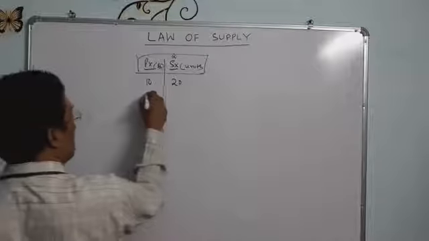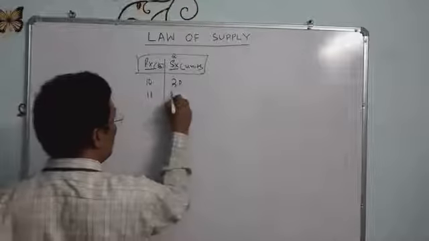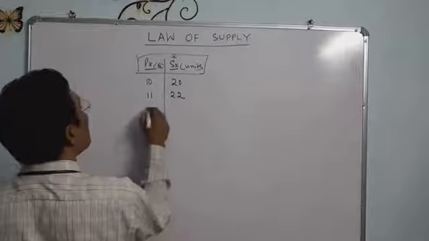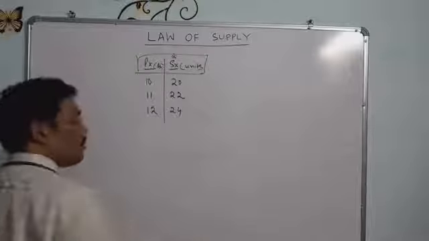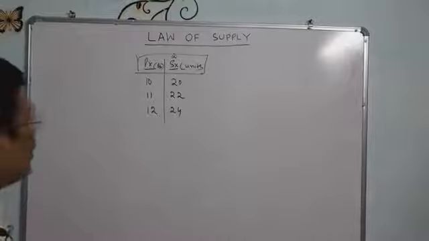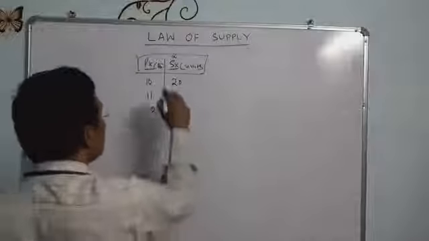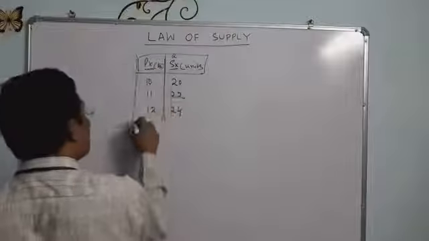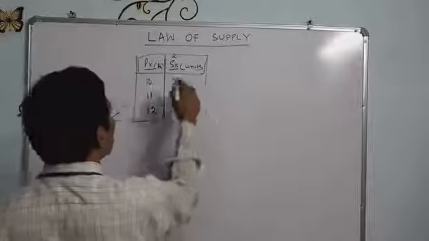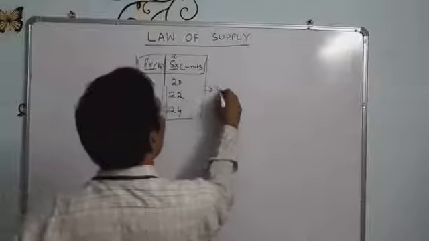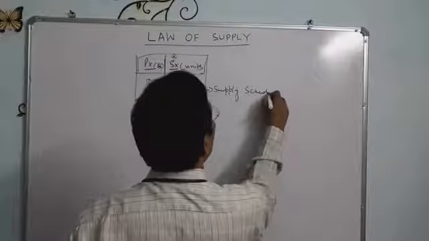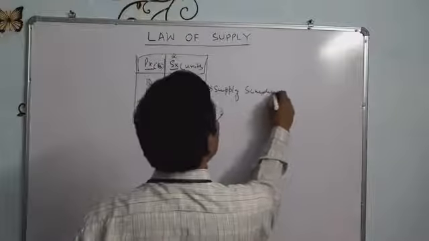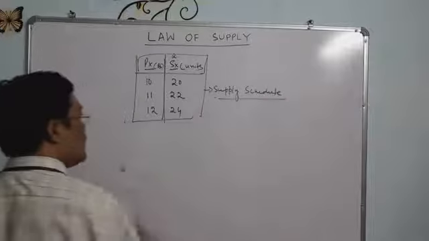Price increases to 11 rupees, quantity may be 22 units. Price may be 12 rupees, quantity may be 24 units. This is called the supply schedule. I am giving an example of a supply schedule.